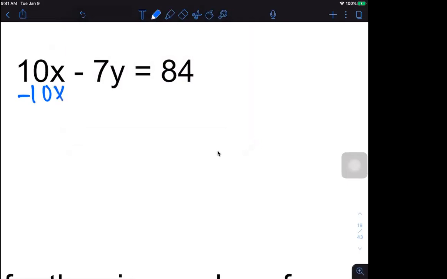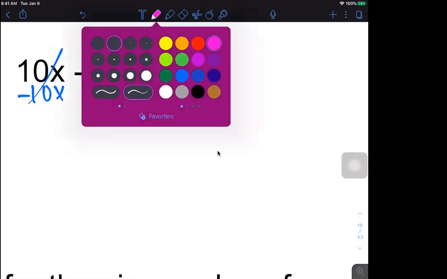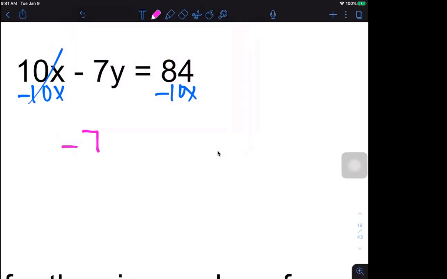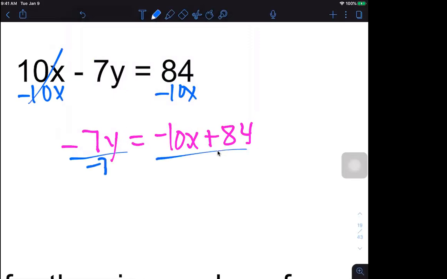Awesome. Subtract 10x. Don't forget that negative in front of the 7. Good. Michael, what's our next step? Divide by -7. Good. Divide by -7.